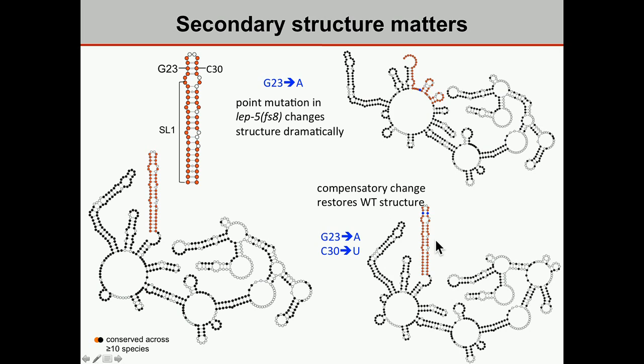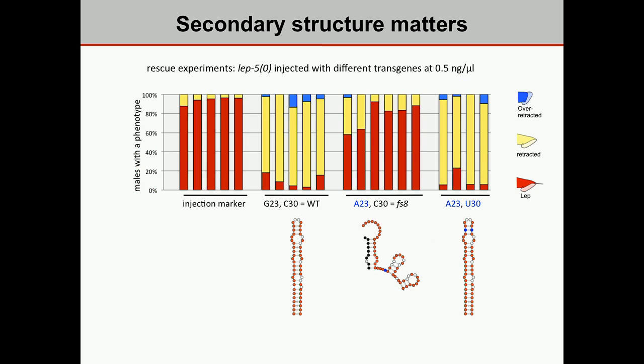So we wanted to know whether that is also true in vivo. We did rescue experiments. We already know that the wild-type LEP5, which has this structure, rescues at 0.5 nanograms per microliter. If we are injecting the FS8 or mutant version, it doesn't rescue as well, although there's a little bit of rescue. You can see this here.